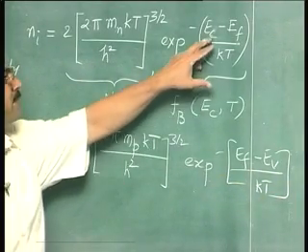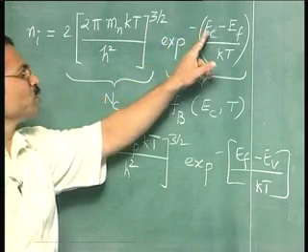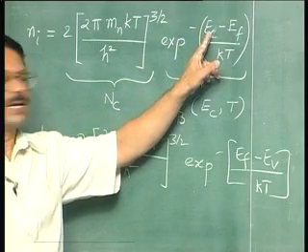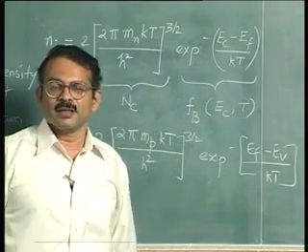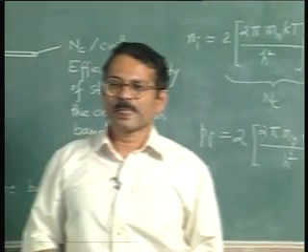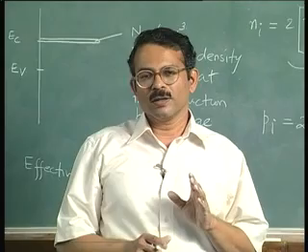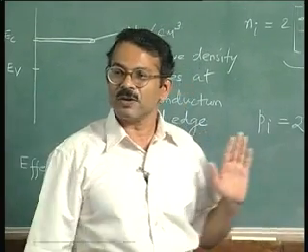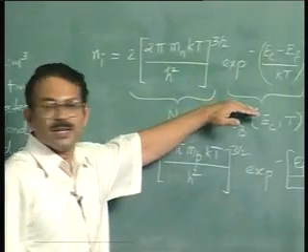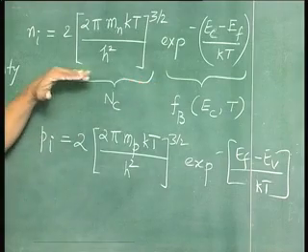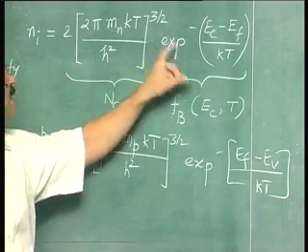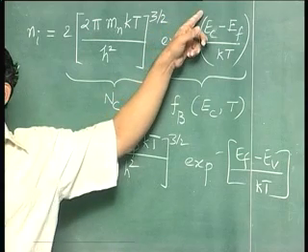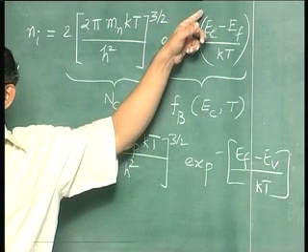If students have some difficulty in trying to remember whether it should be, let us say in this formula for Ni, Ec minus Ef or Ef minus Ec, they must know the physical interpretation of the formula. That is why we have taken a lot of time to interpret this formula. Once you know the physical interpretation, this problem is not there, because you know that this represents a Boltzmann approximation to the Fermi-Dirac fraction.